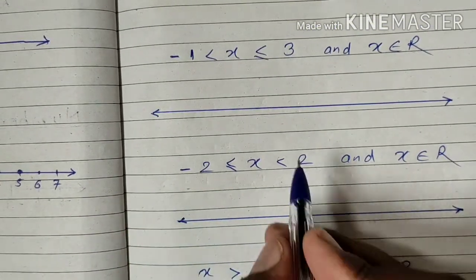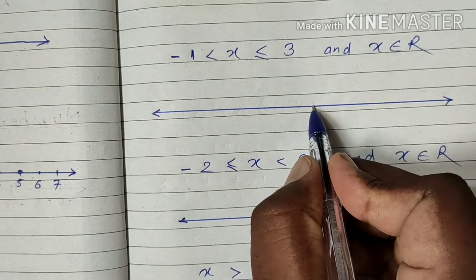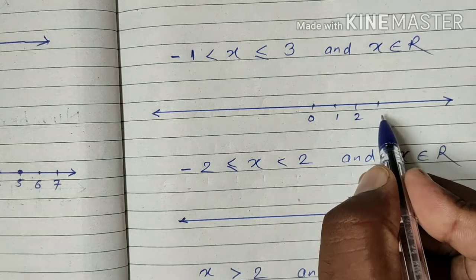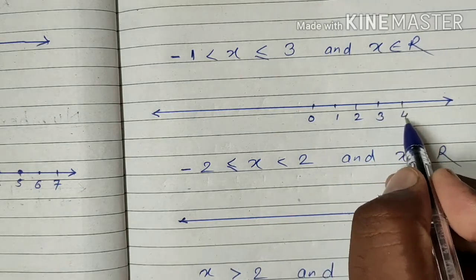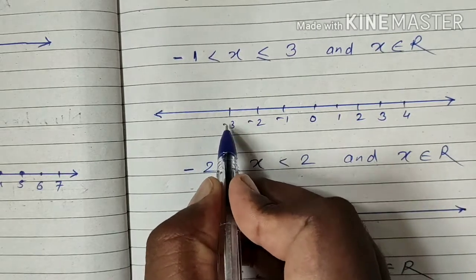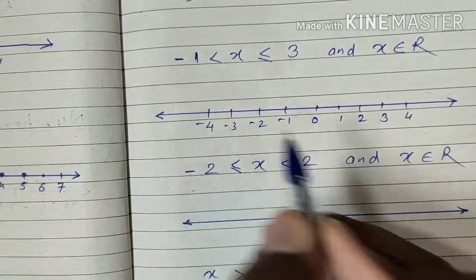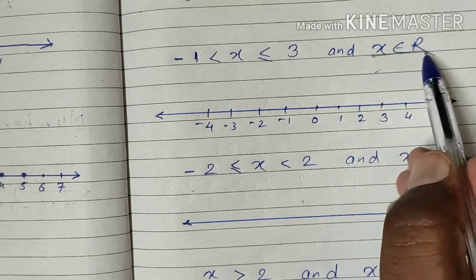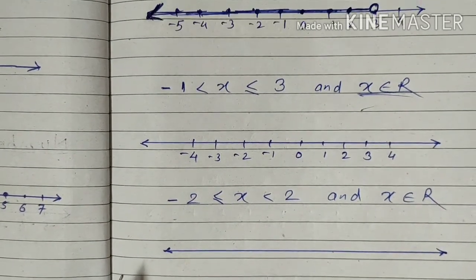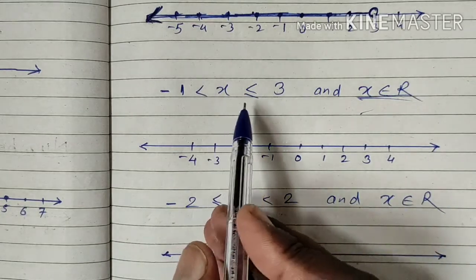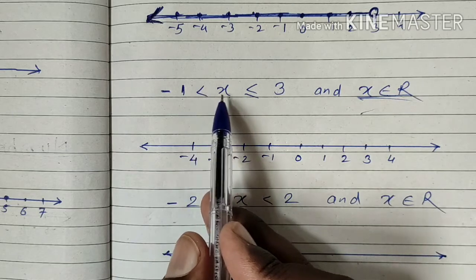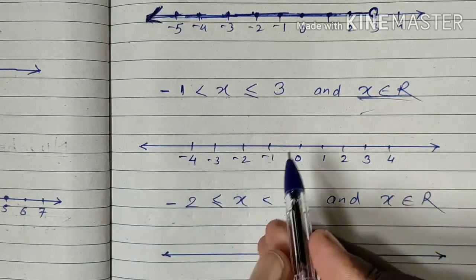Now there is one more example here. 0, 1, 2, 3, 4, minus 1, minus 2, minus 3 and minus 4. What is the condition again? X belongs to the real numbers, so we have to darken the line. And what is the value of X? X is greater than minus 1.